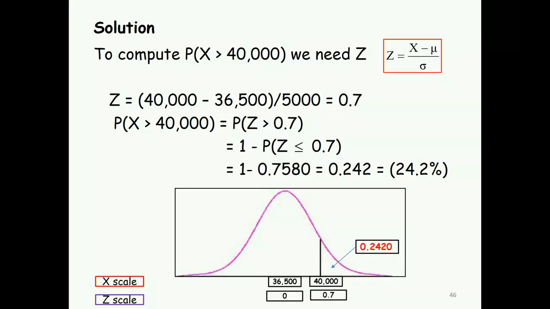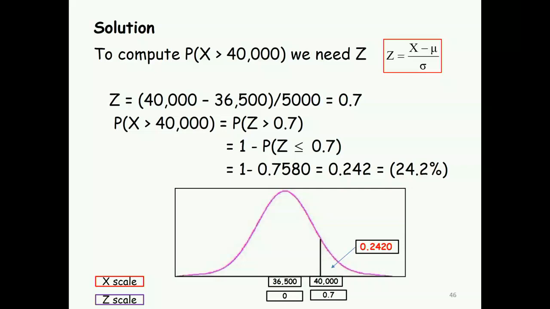We know the whole is 100%. So in the table, you go from 0.7, so you know all this probability. Once you know this one, if you want to know this, it is 1 minus that value. So that is easy.